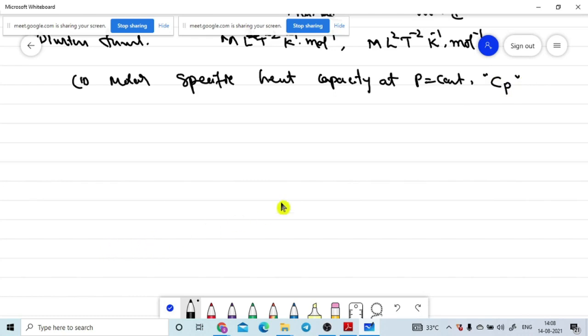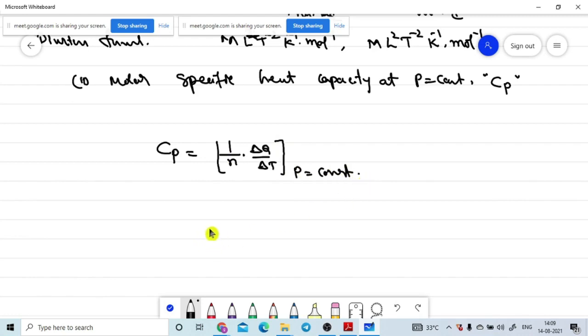So the total definition includes the words at constant pressure. This is the mathematical formula: Cp is 1/n × delta Q divided by delta T, with the process going on at constant pressure.